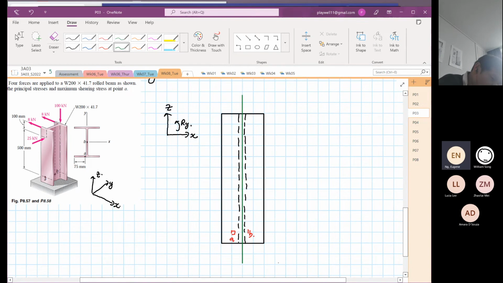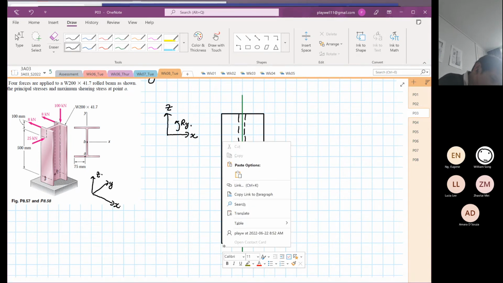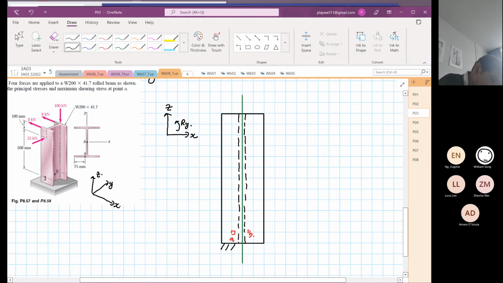This over here is built in. Then over here, this is our neutral axis.